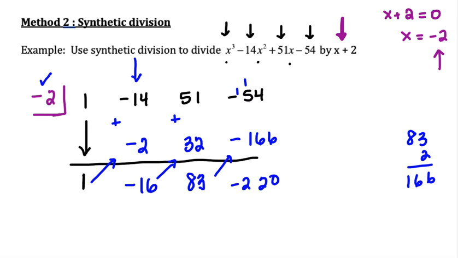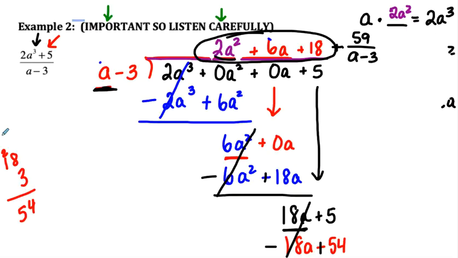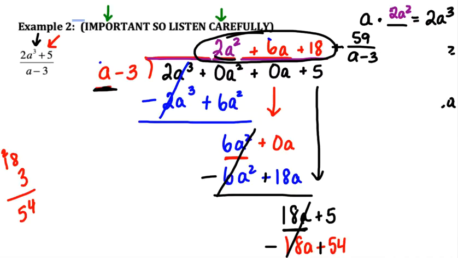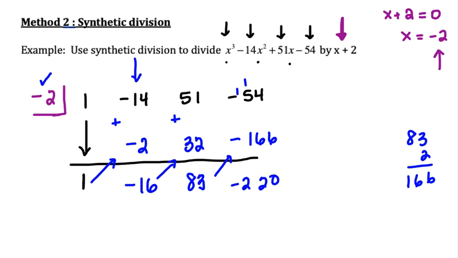I'm done because I've run out of numbers. What we saw when we did long division is that the last number we ended up with became our remainder, like that 59 in the last example we did. So now my remainder is negative 220.